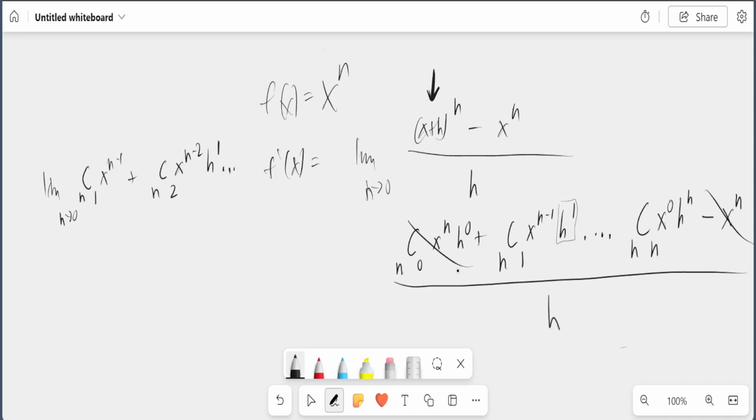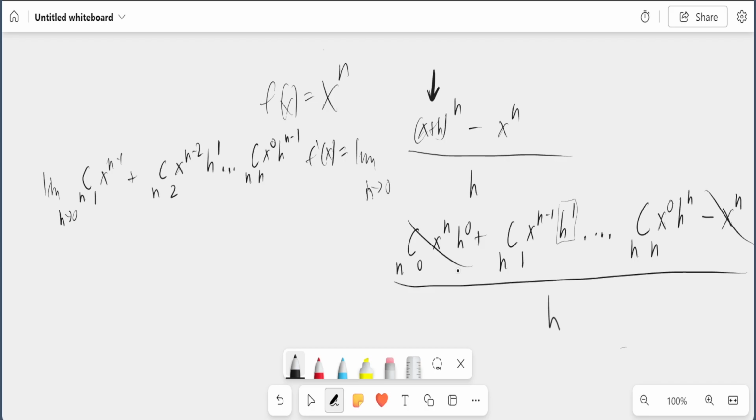And we go all the way to n choose n, x to the 0, h to the n minus 1.